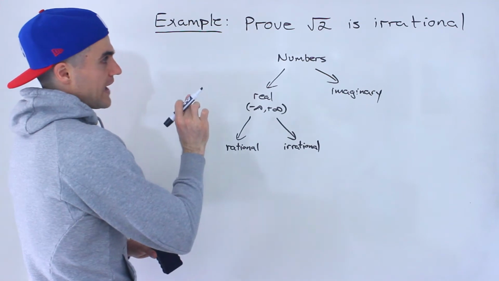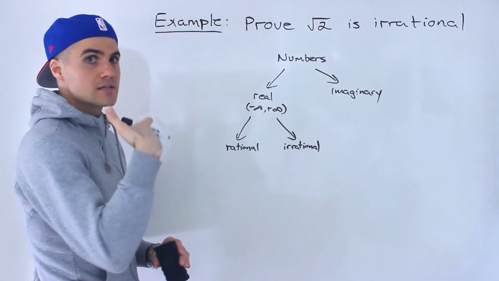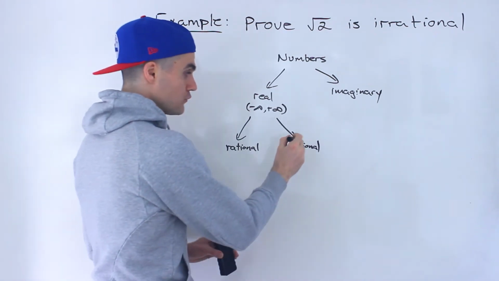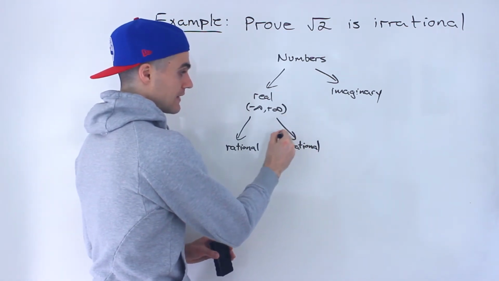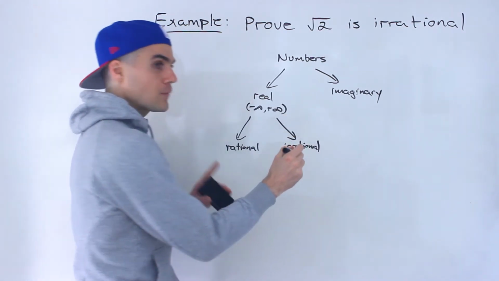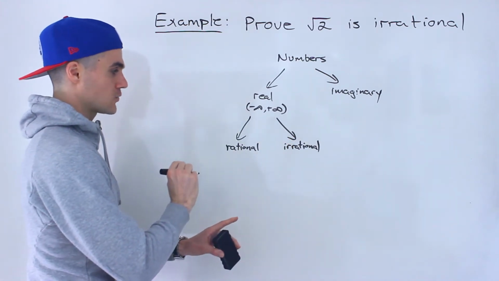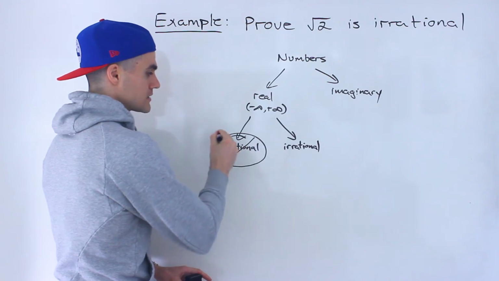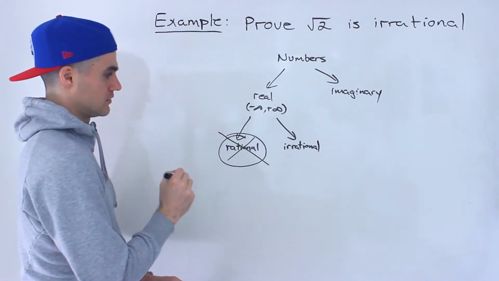So to prove that root 2 is irrational, we can go about it in one of two ways. We can try to prove directly that it's irrational, or we can go about it in an indirect way and show that it's not rational.